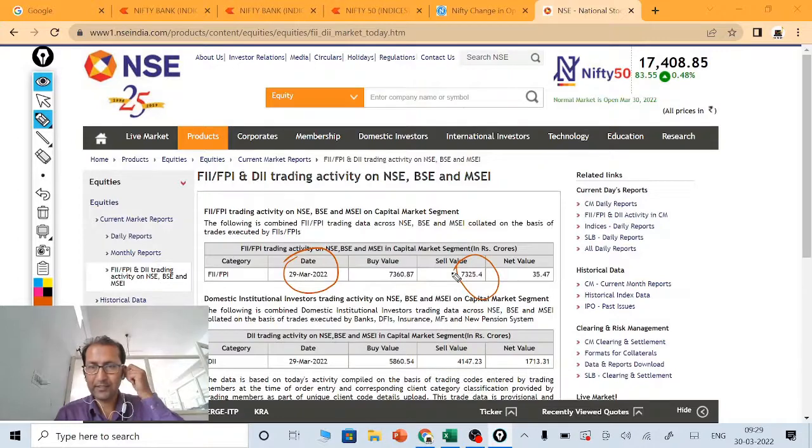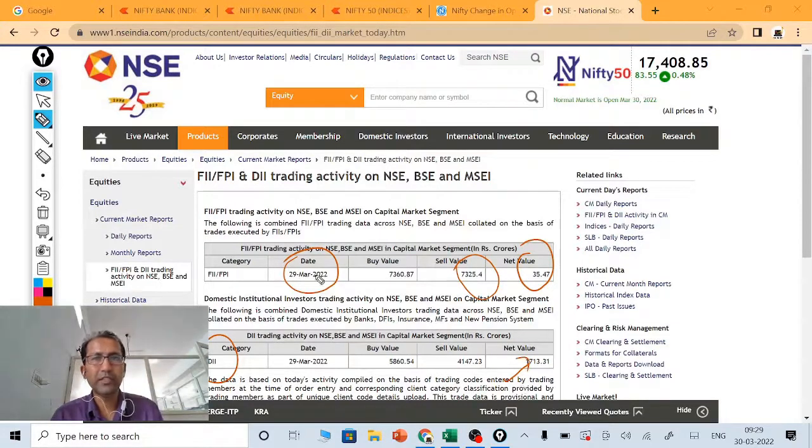So net to net they are neutral. So FIIs are neutral in the market, whereas the DIIs have pumped in 1,713 crores. DIIs are long in the market and they are very optimistic, whereas FIIs are still not very optimistic. So yesterday Nifty was in a trading range.